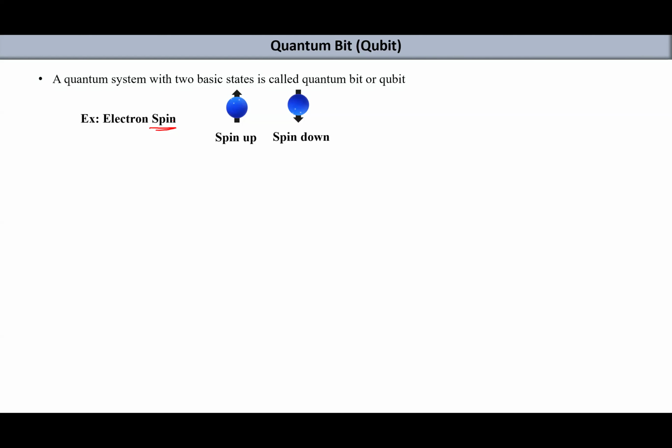Yes, if I want to understand, let's forget about the spin state. For example, if we have some other particles, let's say a neutrino particle, and it has 3 intrinsic states, let's say alpha, beta, and gamma.